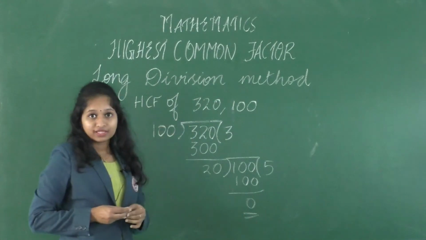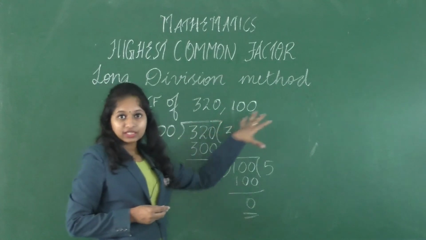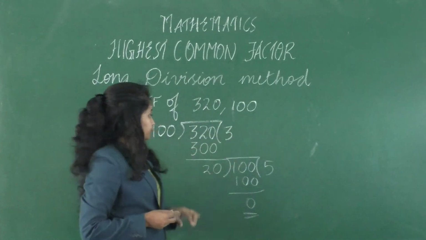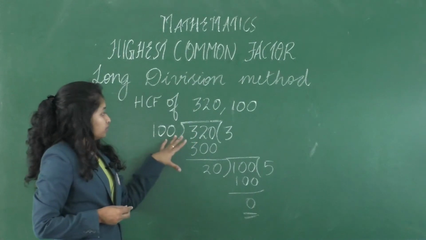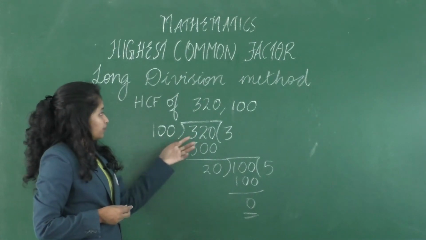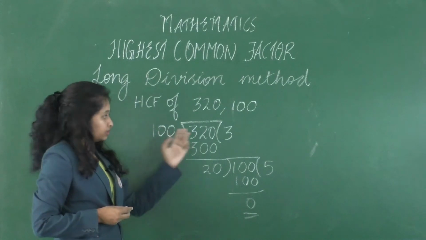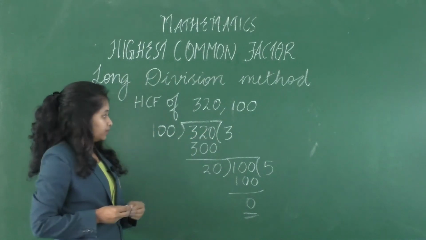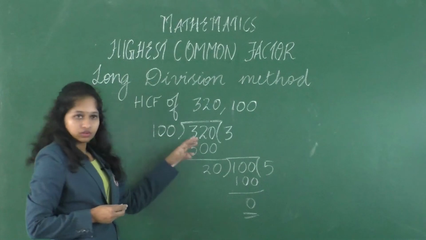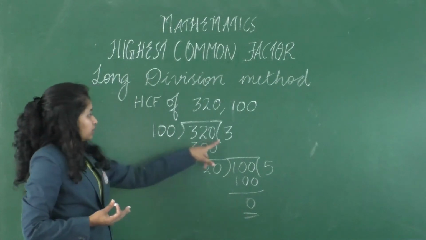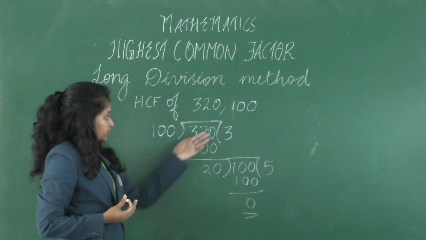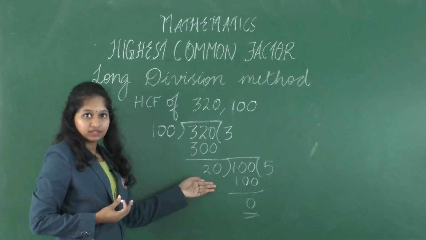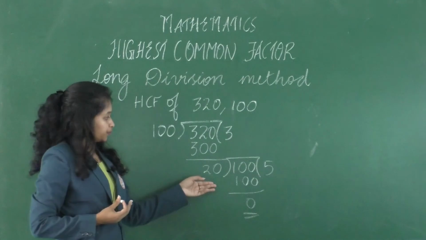Here let us find the HCF of 320 and 100. Make a division such that the lower number comes here and the higher number inside. So normal division, 3 times 100 is 300. What is the remainder we get? It is 20.